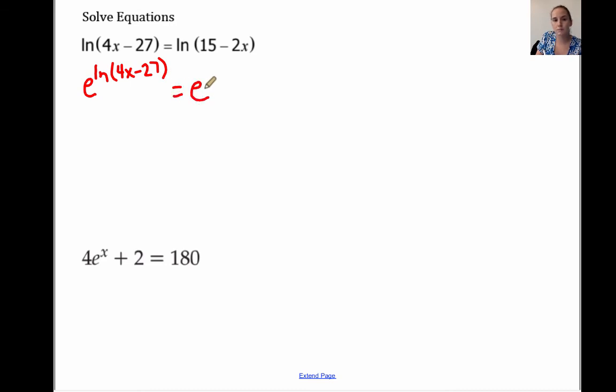Have to do the same thing on the other side. e is the base to the ln 15 minus 2x. Now again, the reason for doing this is because I'm trying to undo the logarithm. So exponents will undo logarithms. So these cancel because they both have a base of e, and I'll be left with 4x minus 27 equals 15 minus 2x.